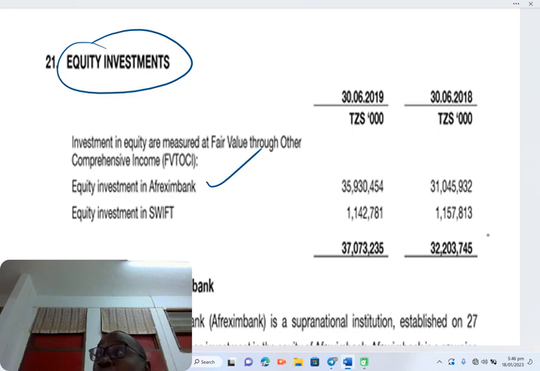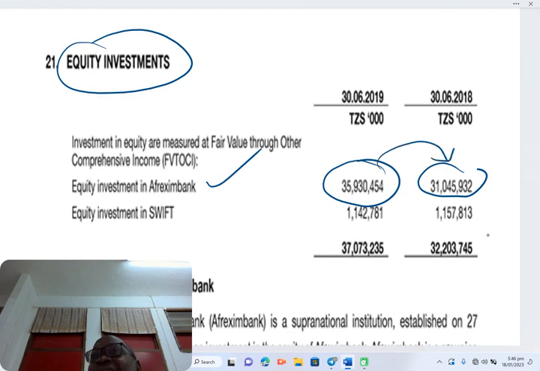Meaning the BOT bought shares of the bank. In 2019, it was this amount of billion, and before that, it was 13. So you can see there is a gain, isn't it? This gain may be because of price, or perhaps there is additional acquisition.